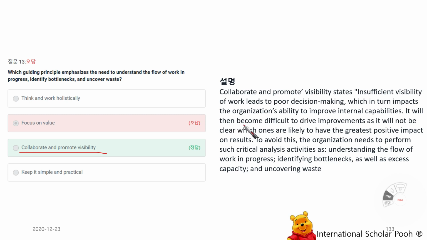It will then become difficult to improve as it will not be clear which improvements are likely to have the greatest positive impact on results. To avoid this, the organization needs to perform critical analysis activities such as understanding the flows of work in progress, identifying bottlenecks, as well as excess capacity, and uncovering waste.